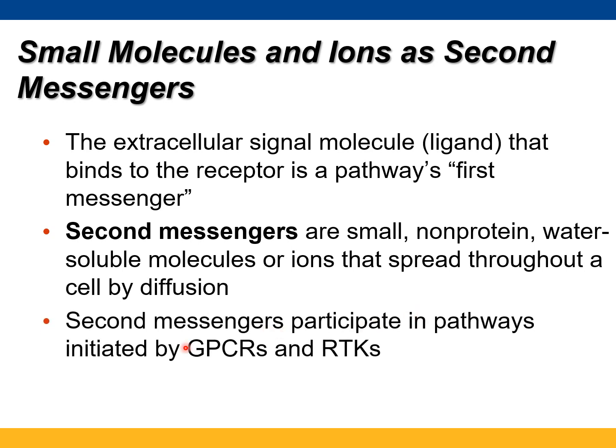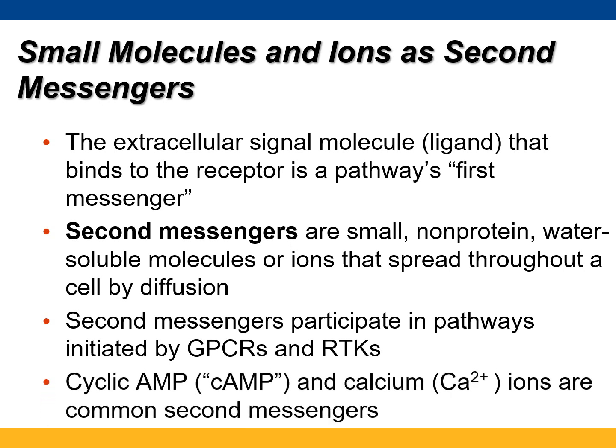Second messengers are very common in things like GPCR activated pathways and receptor tyrosine kinase pathways. So we may have phosphorylation cascades, and we also may have second messenger release.